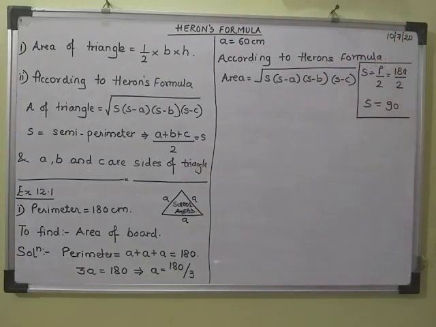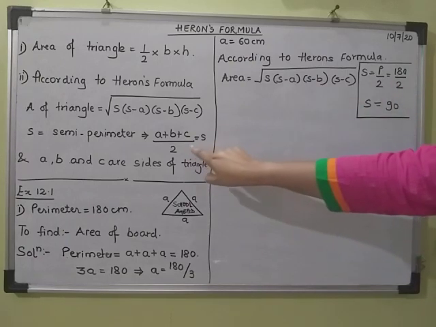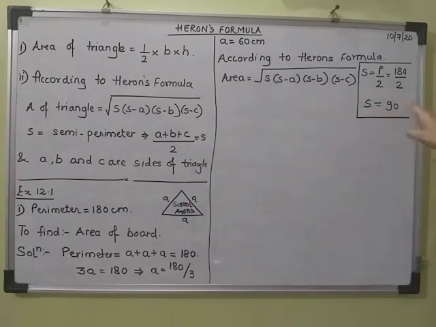Now according to Heron's formula, this is the formula for the area. What about S? S is the semi-perimeter, meaning perimeter upon 2. The perimeter was 180, so 180 upon 2, that is 90. That is the semi-perimeter.